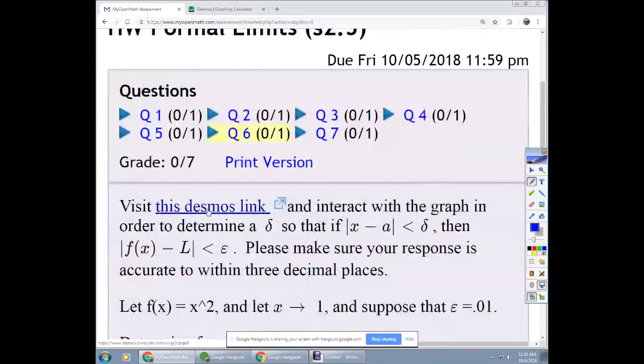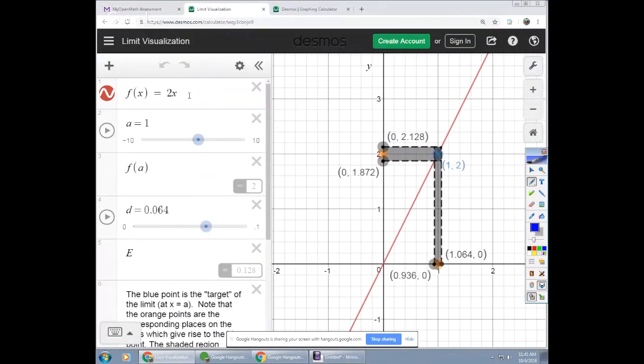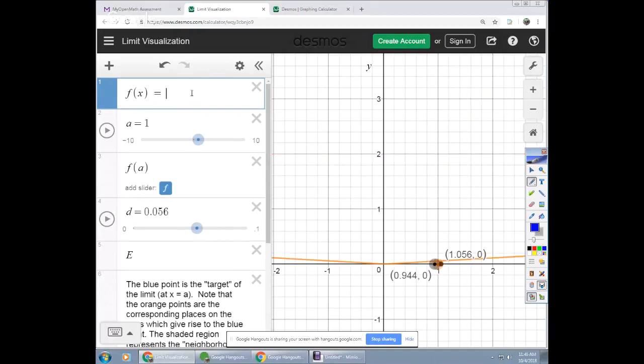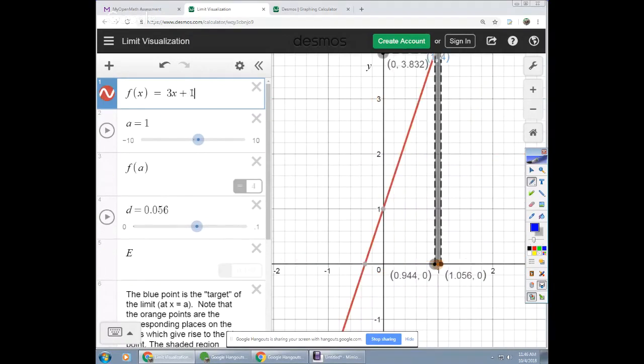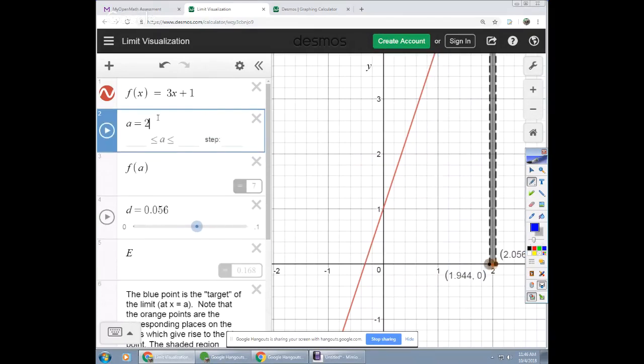6 gives us an interactive program in Desmos to play with this stuff. So you enter your function, you tell it what a is. Here it wants delta, and then based on playing with delta, it will calculate epsilon for you. So this is an experimental approach. For example, we just did 3x plus 1, and we started with a was 2.